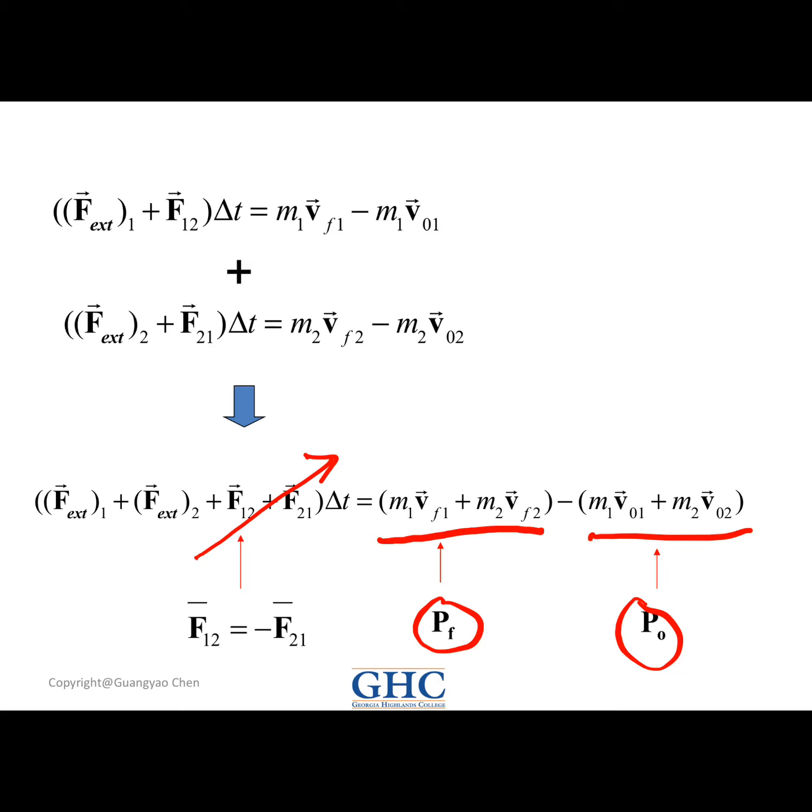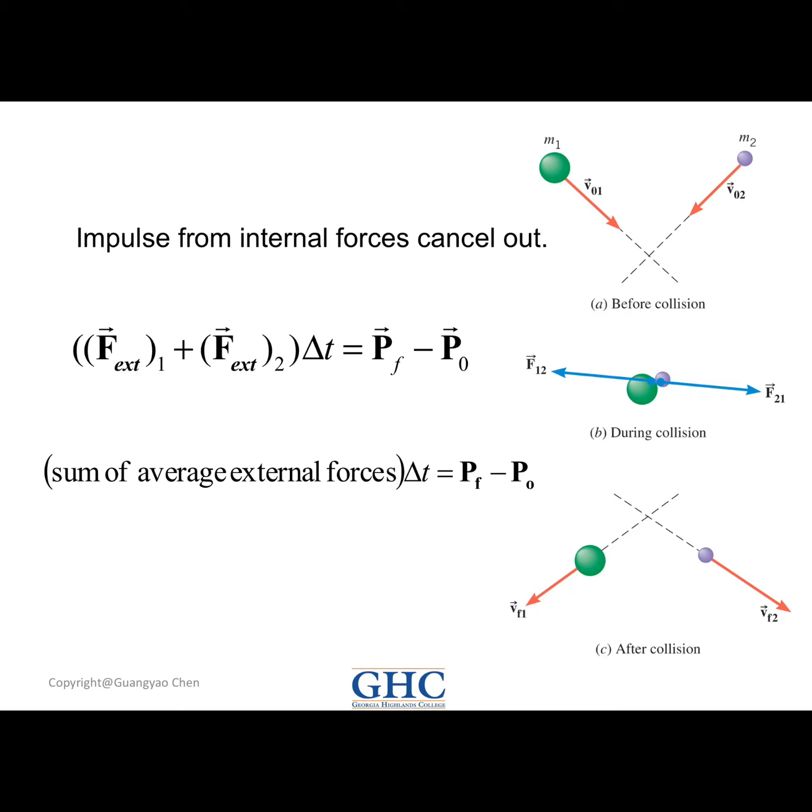The left side is the total external force acting on the two-ball system, and the total external force times delta t gives you the total impulse acting on the system. So we have this relation: the sum of external impulse on the system equals the change of momentum of the system. So this is the impulse and momentum theorem applied to a two-body system.